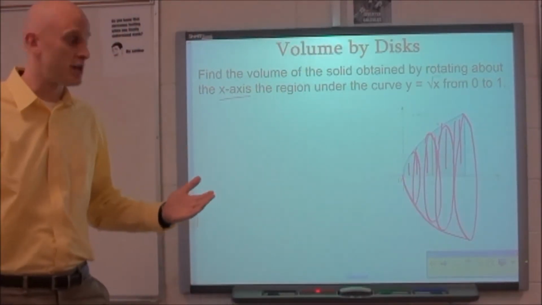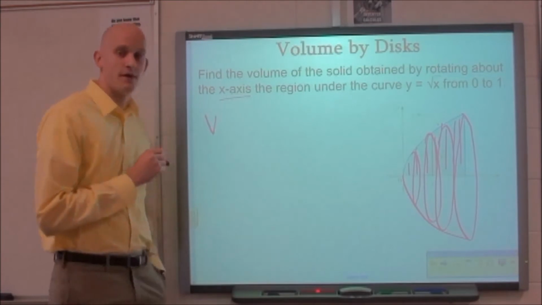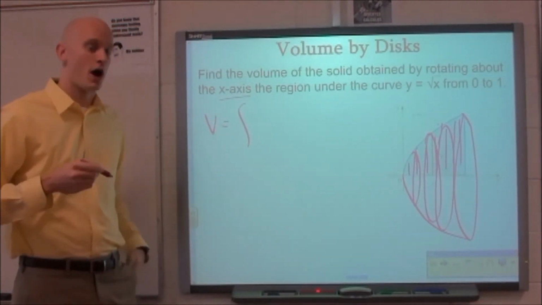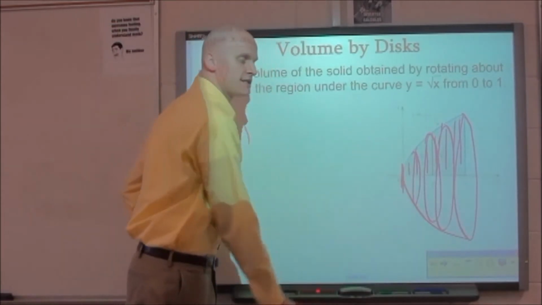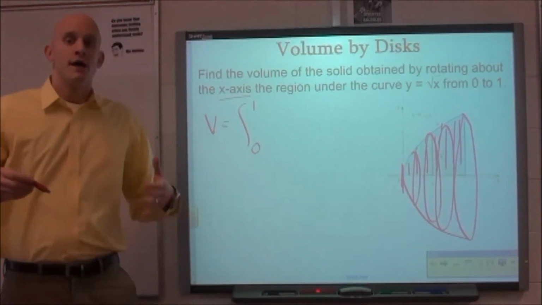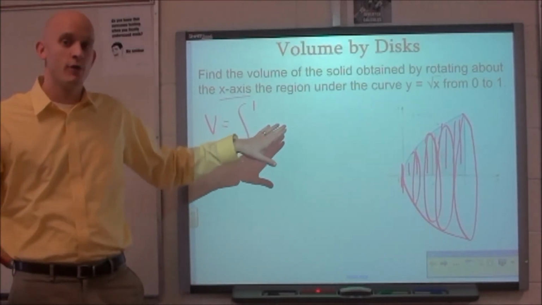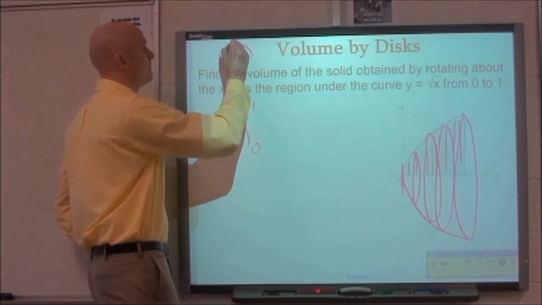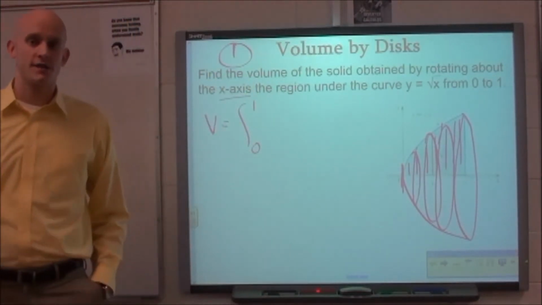So using the knowledge that you already have, we know that the volume of this shape will be given by the definite integral. Our lower limit on the x-axis is 0, and our upper limit is 1. Now, for the function that we will be integrating, we want the area of a cross-section.